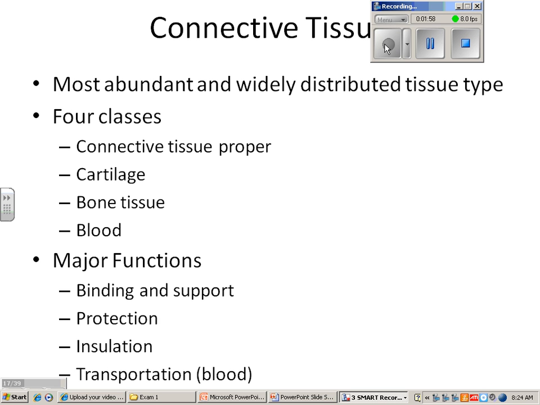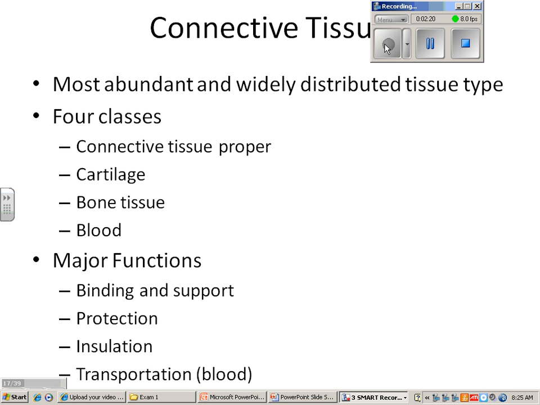Connective tissue is the most widely distributed tissue type in your body, and it is a binding tissue. It does connect other types of tissues to one another. And as you'll recall, even when we were looking at the epithelial tissue, you could see connective tissue in those slides, because all epithelial tissue is going to connect to connective tissue.